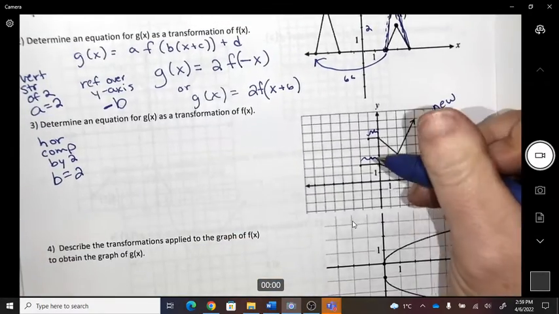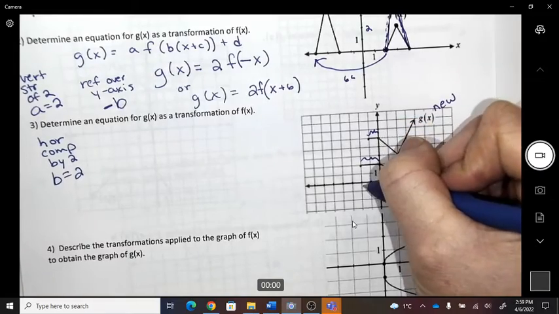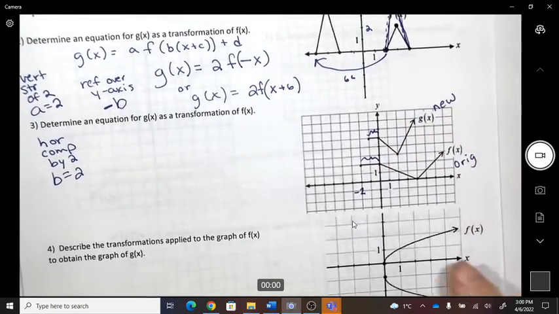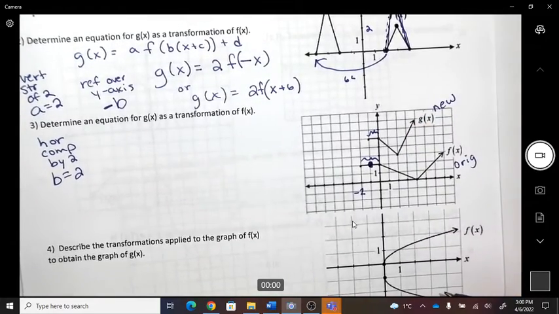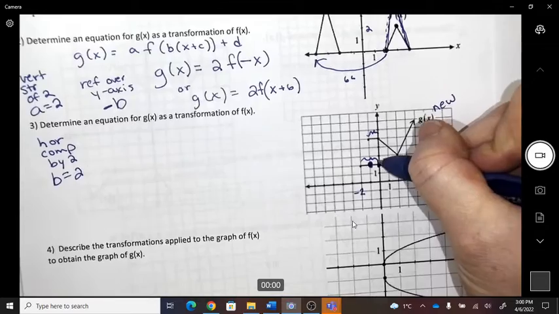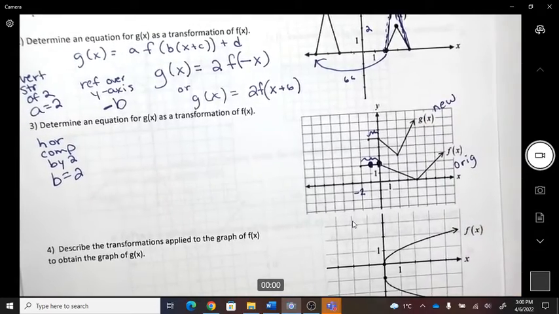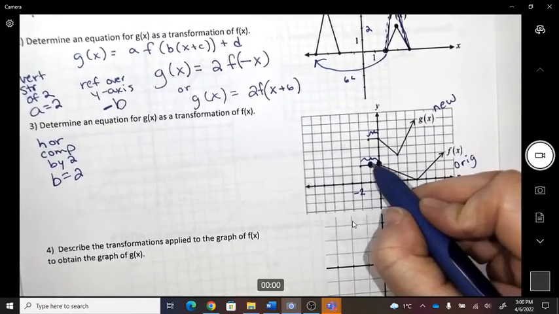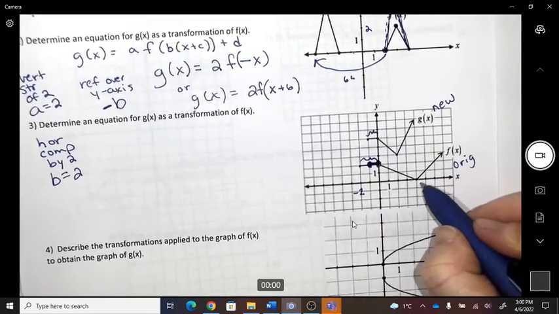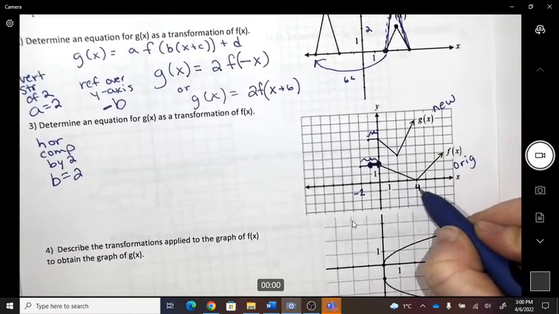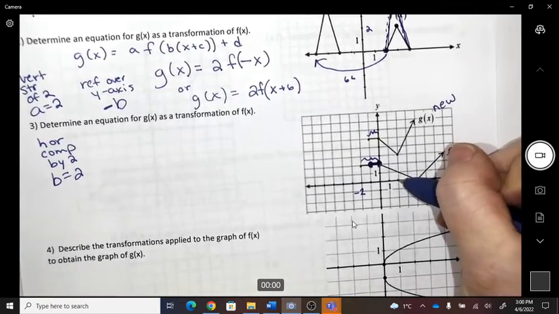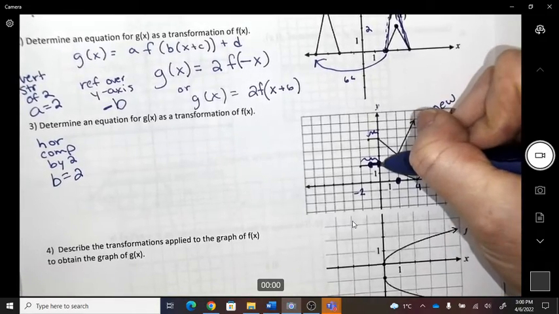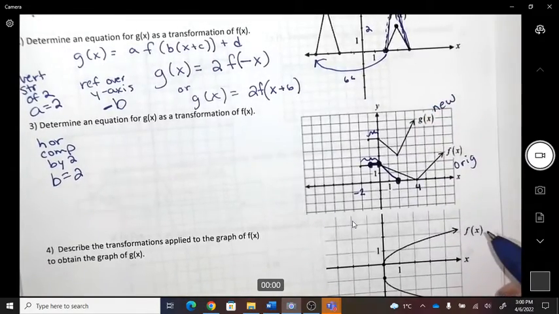Okay, I'm going to draw that. So this coordinate will go from a -2 to a -1. This coordinate will stay. This coordinate was 4 from the axis, so now it's going to be 2.